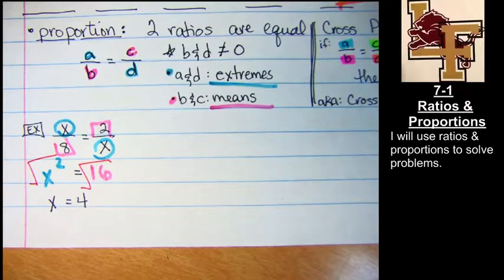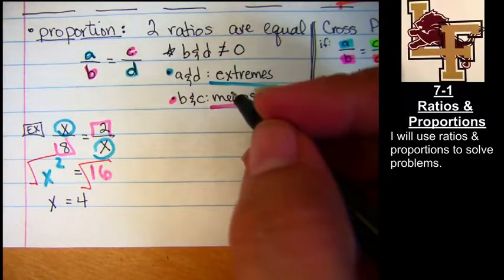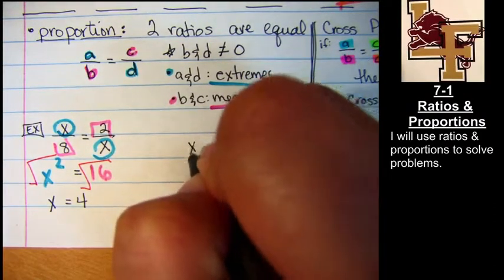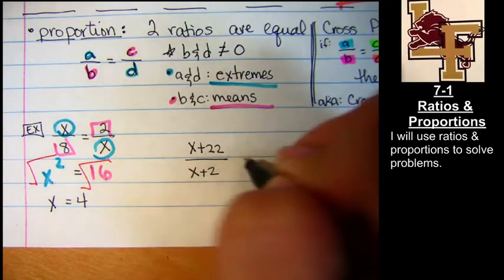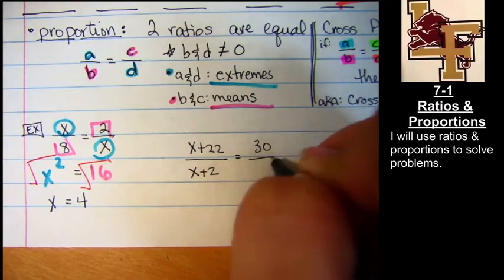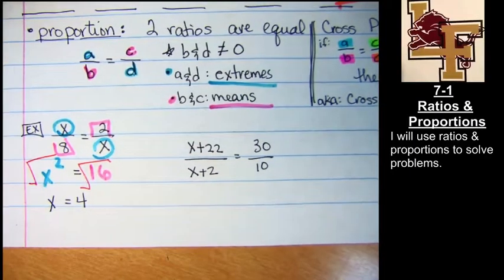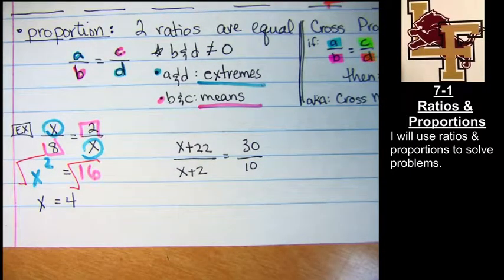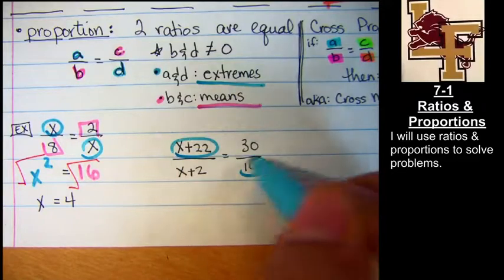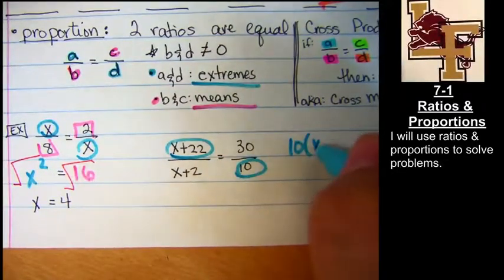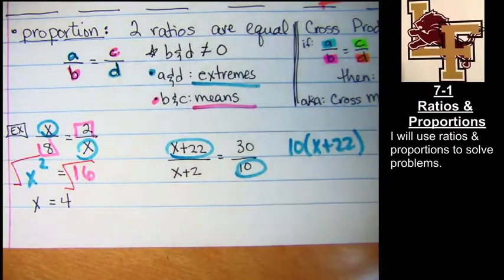Okay? I want to show you one more. Won't work it out completely, all right? But I want to show you what happens when we have some addition and subtractions in our fraction. Okay, let's say we have fractions that look like that instead. Already looks way more complicated, right? But take the extremes and multiply them. This thing times this thing. I don't need to know what that number is.